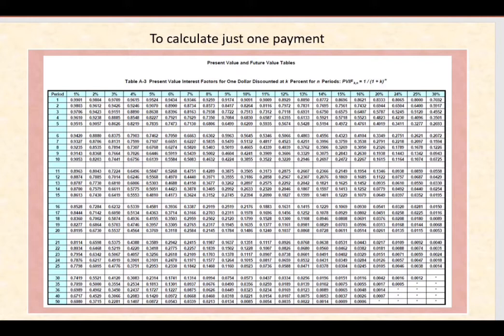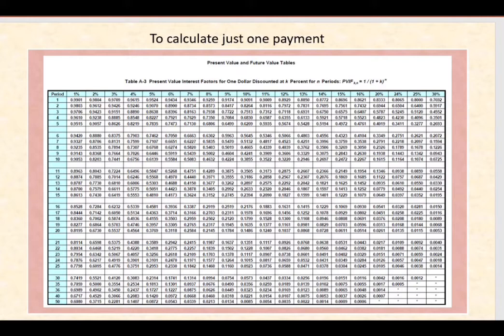So now let's see the present and future value table. This is the present value table, and we have to use this table when the amount of payments are not the same every year.